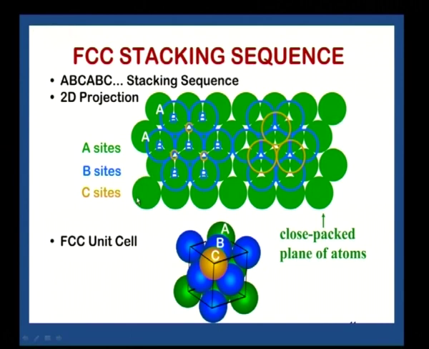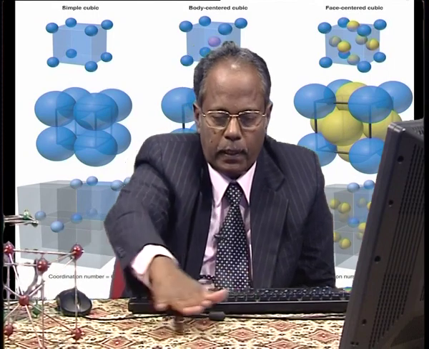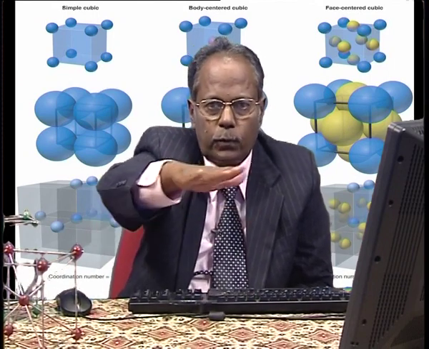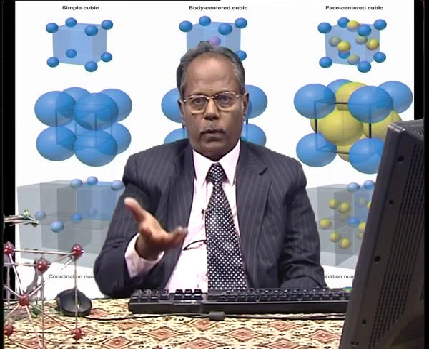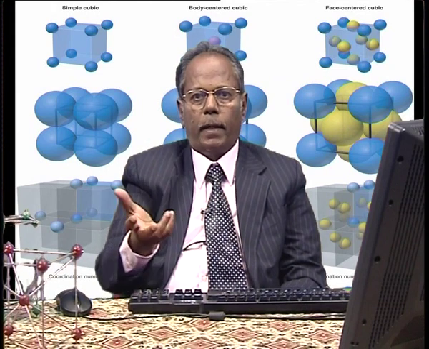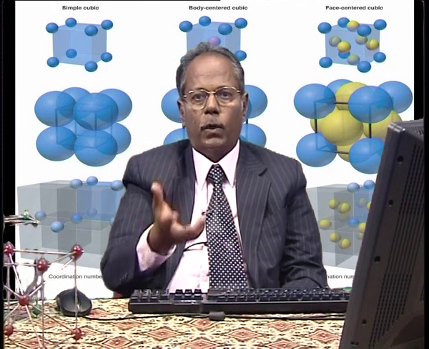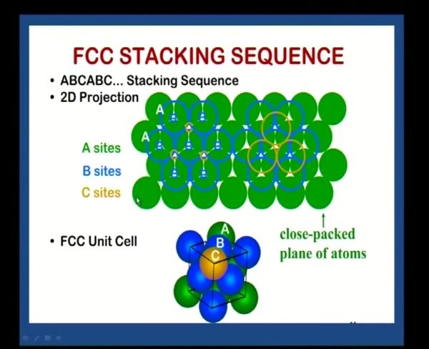What are the possible stacking sequences? There are only two possible stacking sequences, the way in which you have the first layer, second layer, third layer, fourth layer. The two possible stacking sequences are two ways of arranging the billiard balls or table tennis balls one over the other, right. One arrangement is like this. You look at the bottommost layer, this is the bottom.